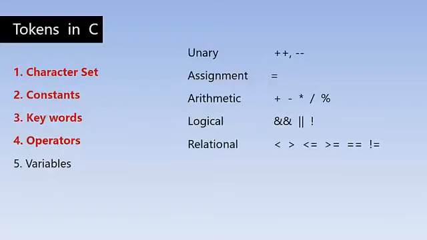These are the relational operators: lesser than, greater than, lesser than or equal to, greater than or equal to, and double equal symbols represent equality in C language. Single equal symbol is for assignment, and the last symbol is for not equal.